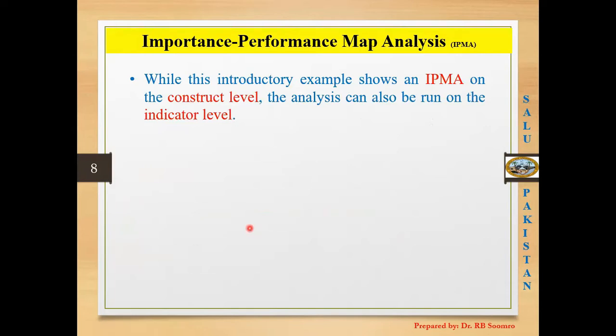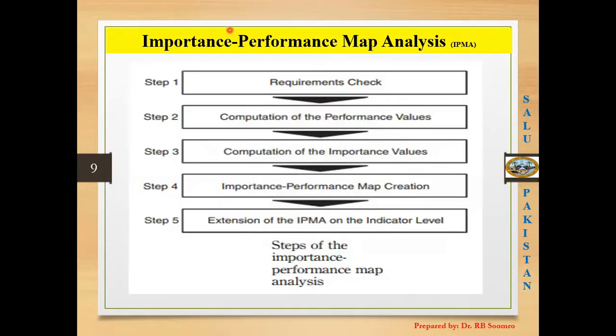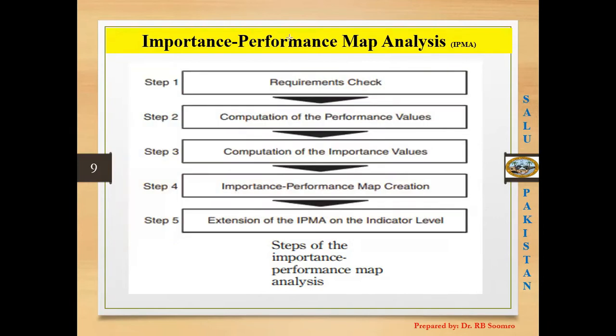Now, I think you know the difference between the construct and the indicator. Otherwise, here an image is available where the construct is there and the indicators are also mentioned. So now, these are the 5 steps through which we can construct the IPMA map. So these 5 steps are here.